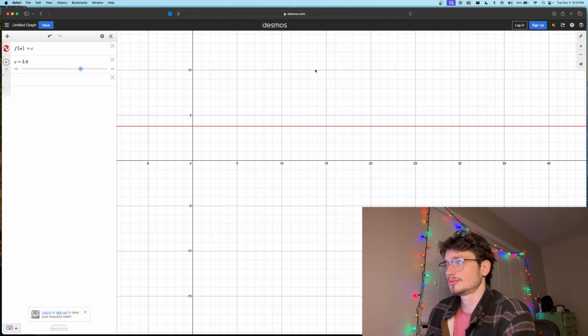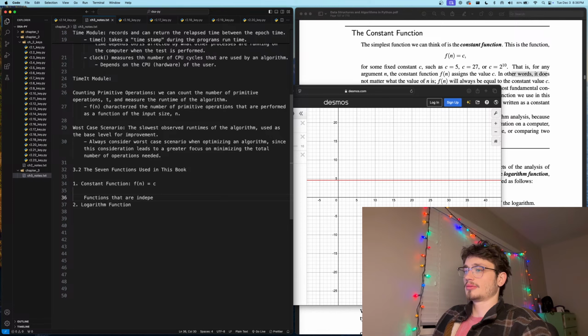So, functions that are independent of input size. No matter the size of the input, the function will return some value c.